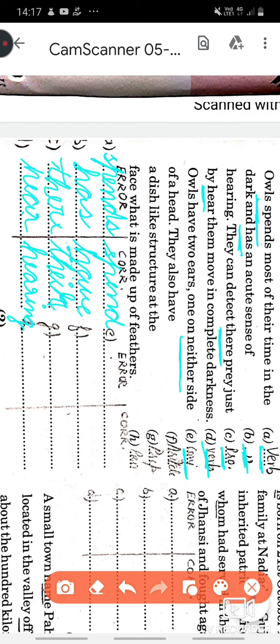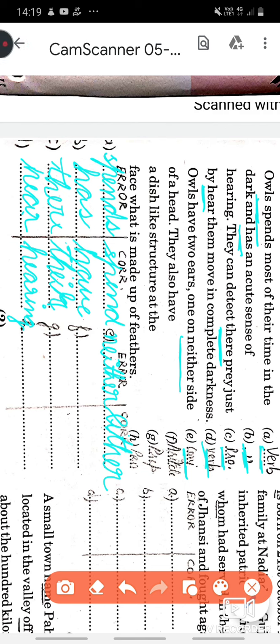Owls have 2 ears, one on, neither should be. This is an error of conjunction. Neither should be either.